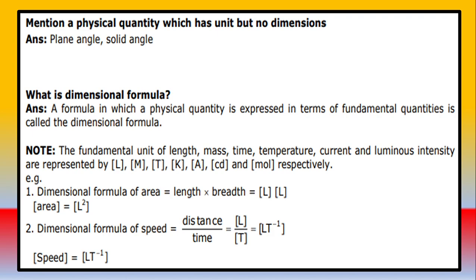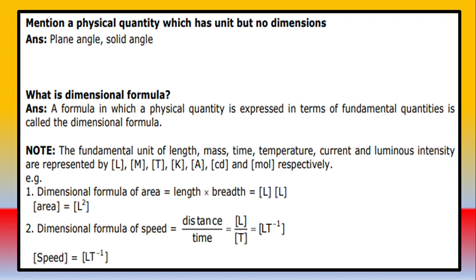So a dimensional formula is one in which a physical quantity is expressed in terms of fundamental quantities. For example, if I take length, the dimensional formula I will write as a capital L within a square bracket.